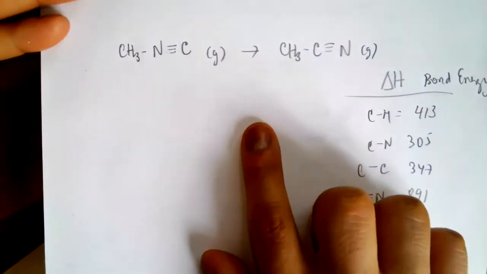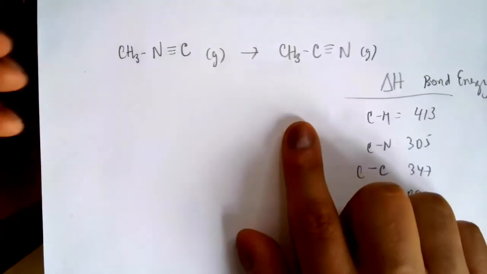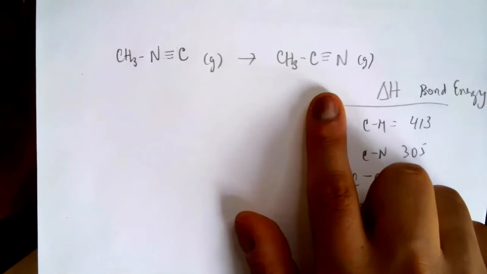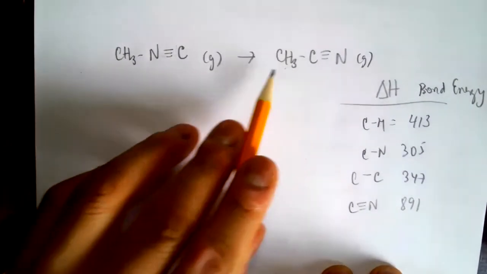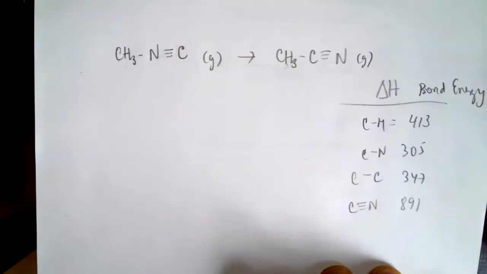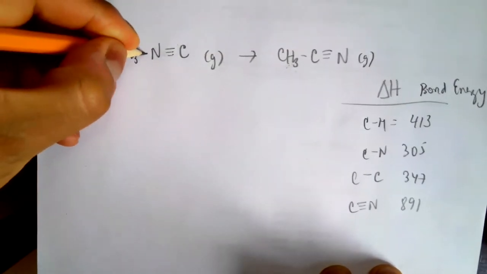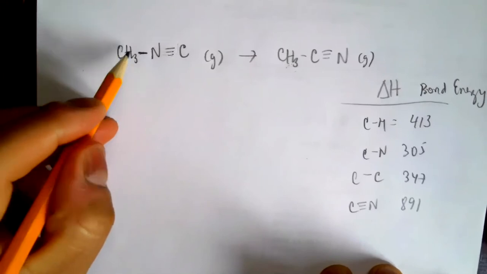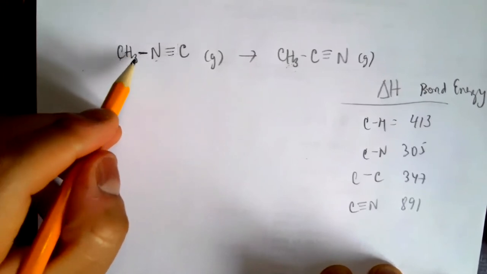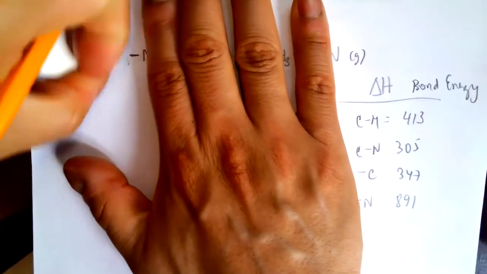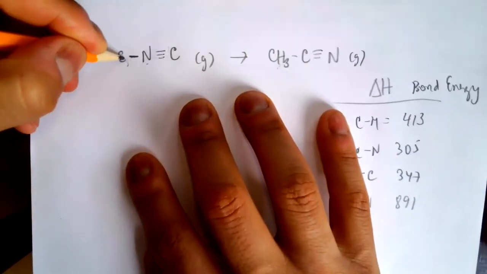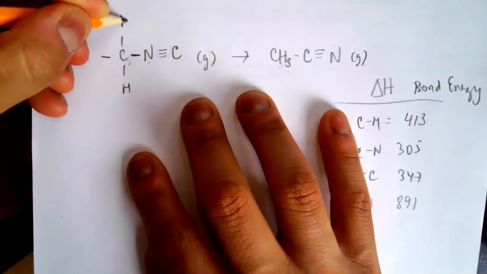Here we have to see what we're breaking and what we're forming. CH3 and CH3 are exactly the same, so I'm not breaking or forming anything there. But here I have a carbon-nitrogen bond. It looks like hydrogen-nitrogen, but really it's carbon, hydrogen, carbon, hydrogen, the same thing.